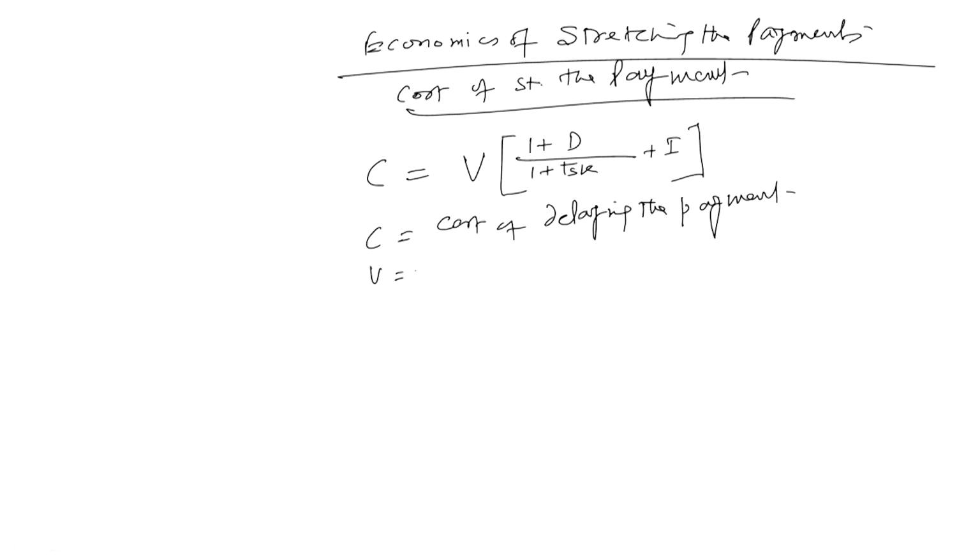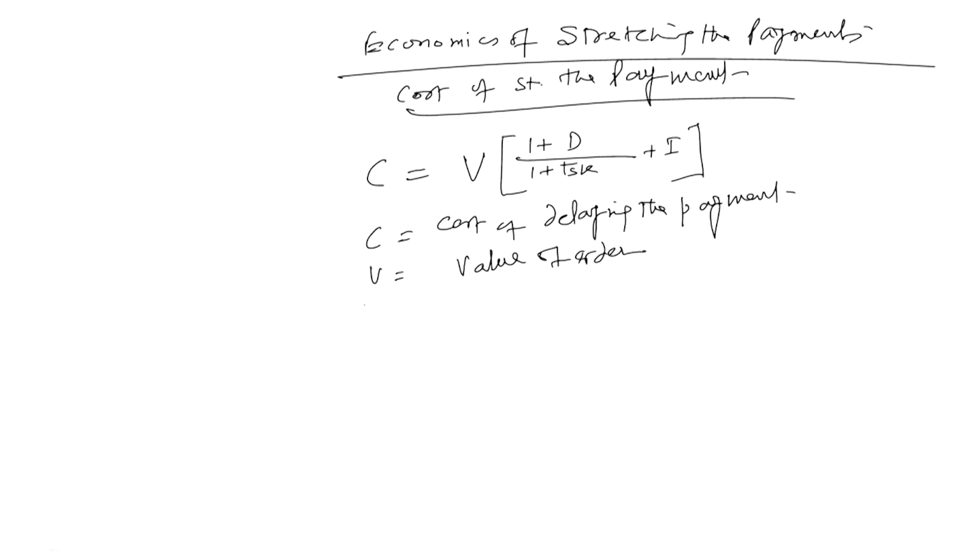Then we have V, which is the value of the order. How much was the size of the order, how much payment is delayed, because the buyer places different kinds of orders, and every order has to be supplied by the supplier and received by the buyer, and there is a credit period associated with that. At the end of the credit period, the payment has to be released. So, what is the value of that order?